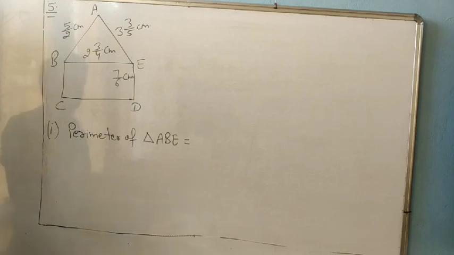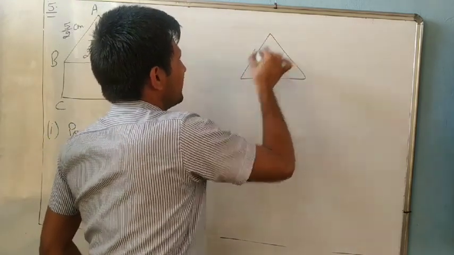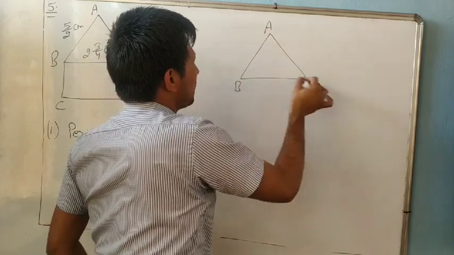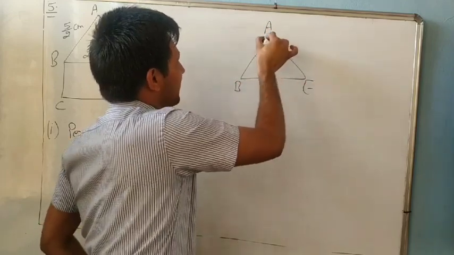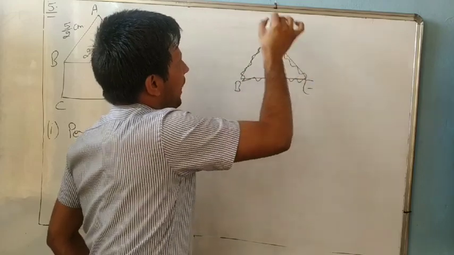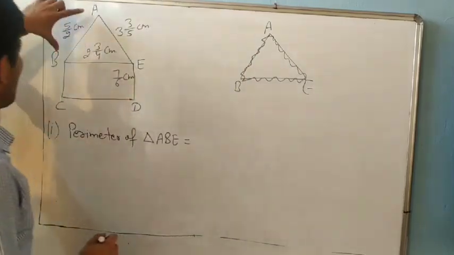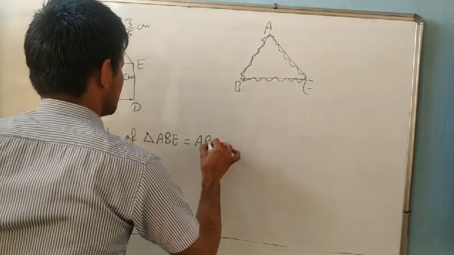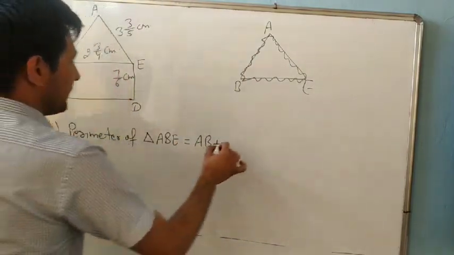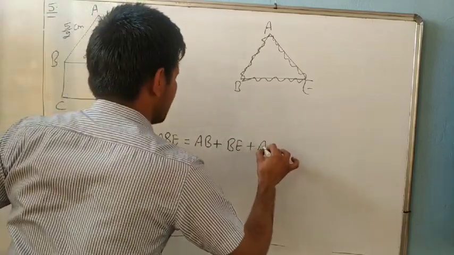Perimeter of a triangle means the sum of all three sides. Perimeter is always the total length of the outer boundary. So find the sum of AB plus BE plus AE.